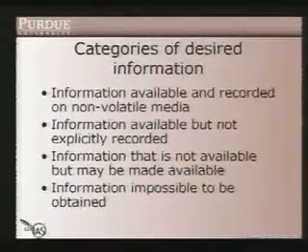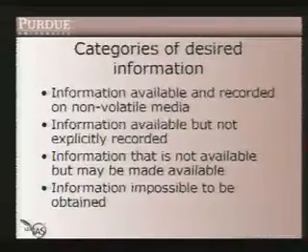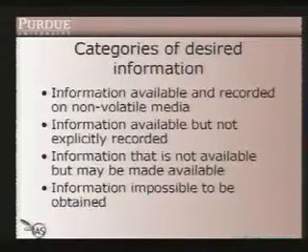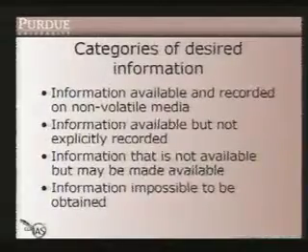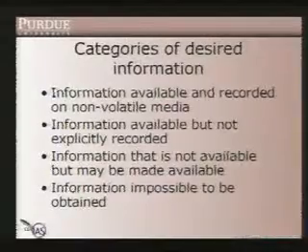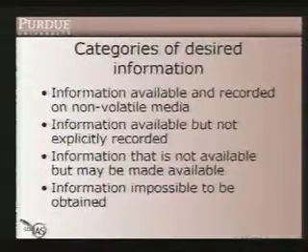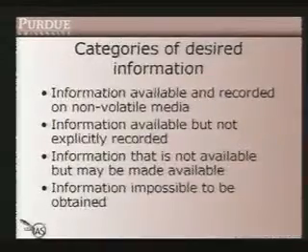So before I actually go into what information we want, here's a quick classification of the desired information that is either there or not there. The first category is information that is available on a system and is actually recorded explicitly on non-volatile media.